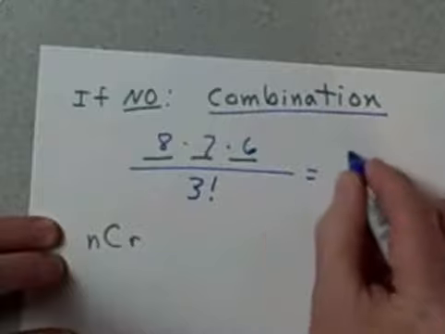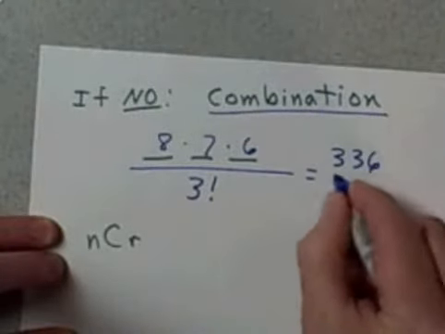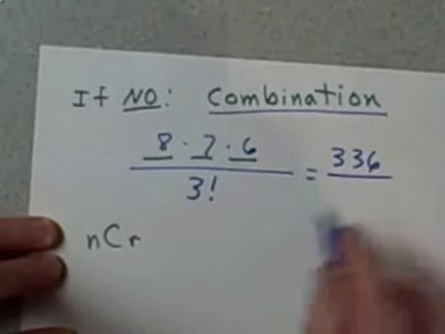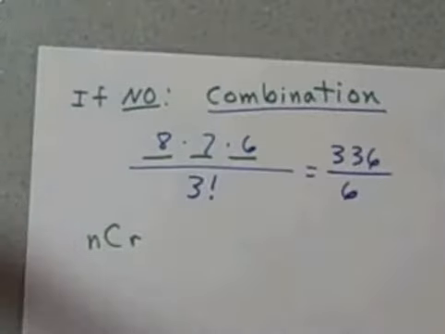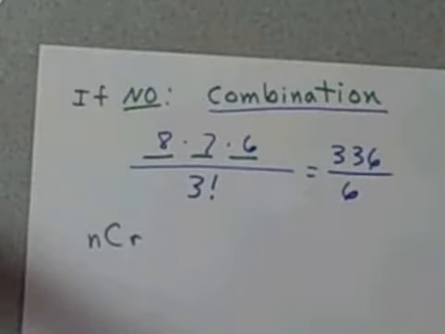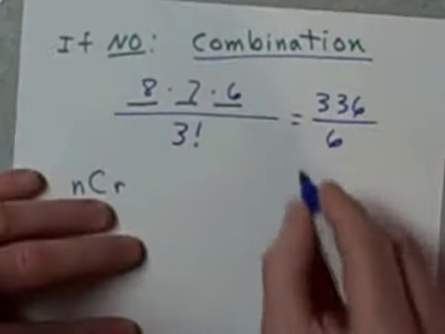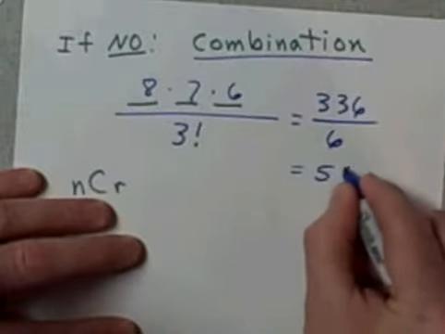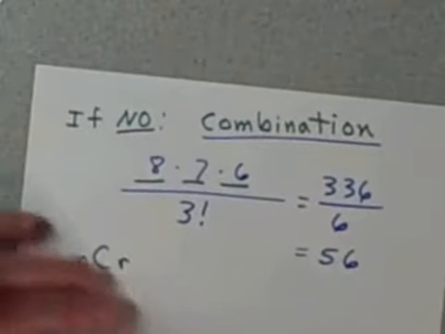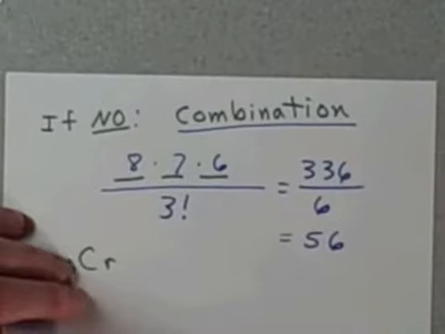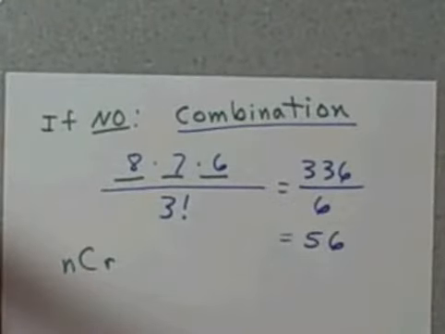So this problem becomes, we know this is 336, and we know 3 factorial is 3 times 2 times 1, which is 6. So this problem becomes 336 divided by 6, and my calculator says that's an answer of 56. I claim that there are 56 combinations when you choose 3 letters from 8.